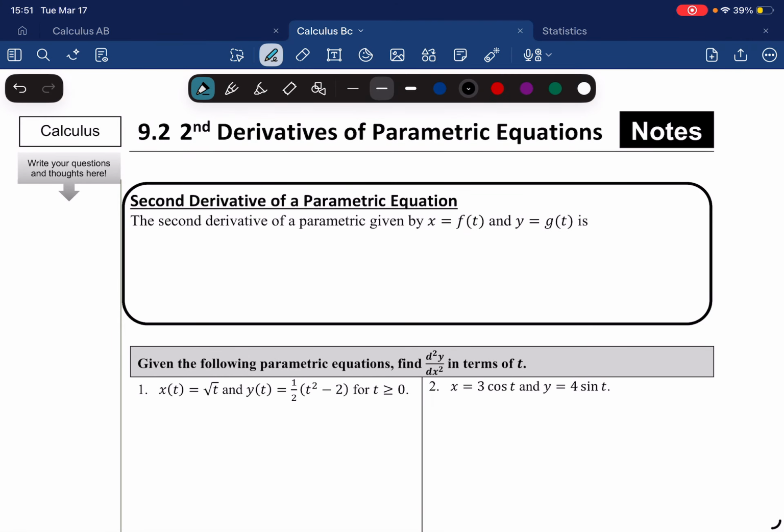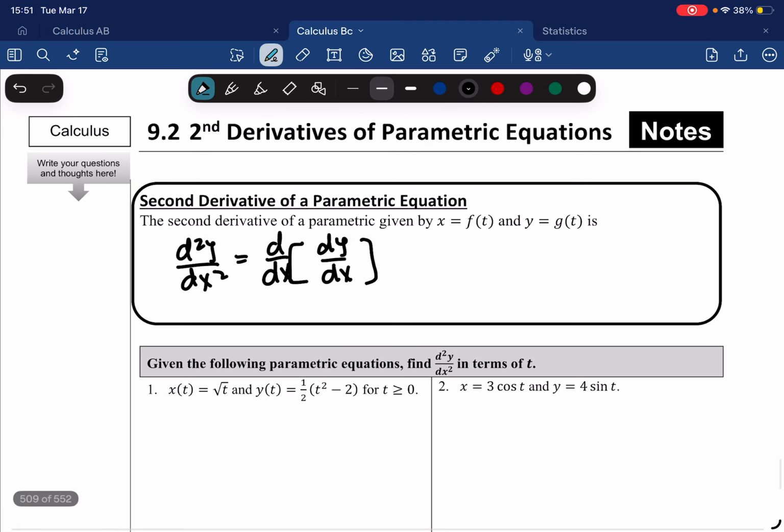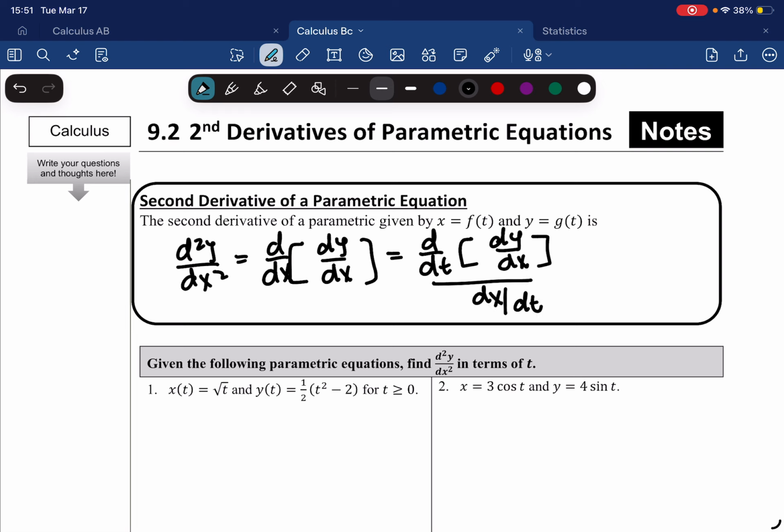Okay, 9.2 is the second derivative of parametric equations. For the second derivative, we have another formula to follow: d squared y over dx squared is equal to d/dx of dy/dx, which is equal to d/dt of dy/dx divided by dx/dt.